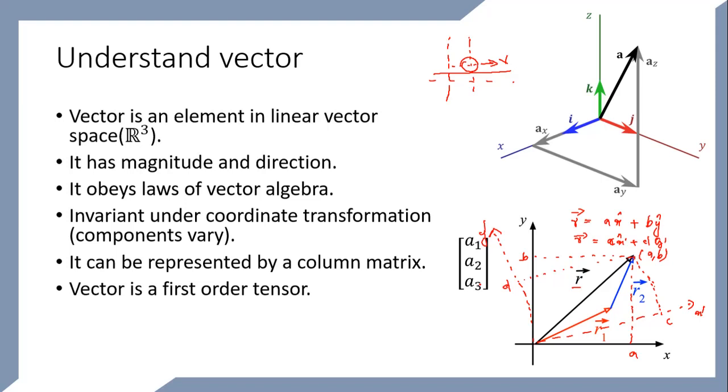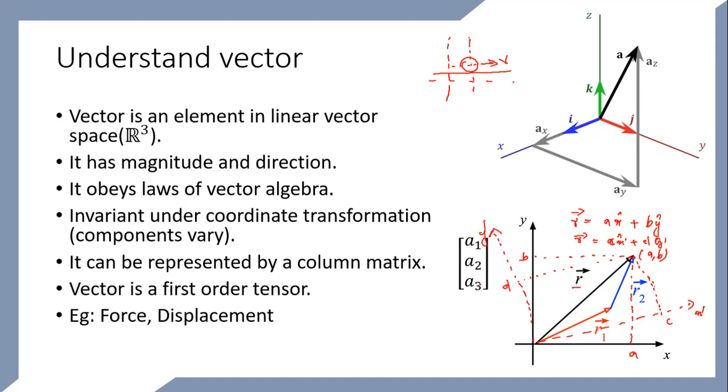Say A can be represented with one base element x cap and B can be completely represented with one element y cap. We don't need more than one direction to completely establish one component. So here we need only one element to represent one component. So a vector is a first order tensor. We will come to this later in detail.